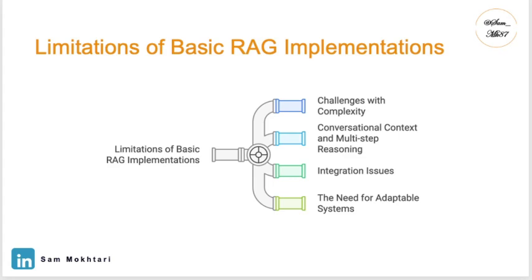If you try to add new sources, or if you want to change how the whole system works, it can be difficult and very complex. All of this shows that a basic RAG system is not helpful, especially for complex tasks, and we need a better solution and better technology.